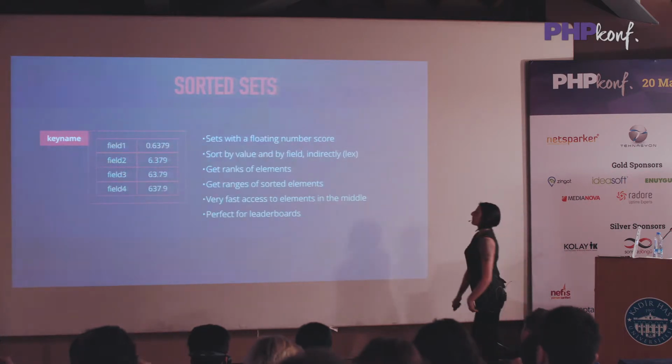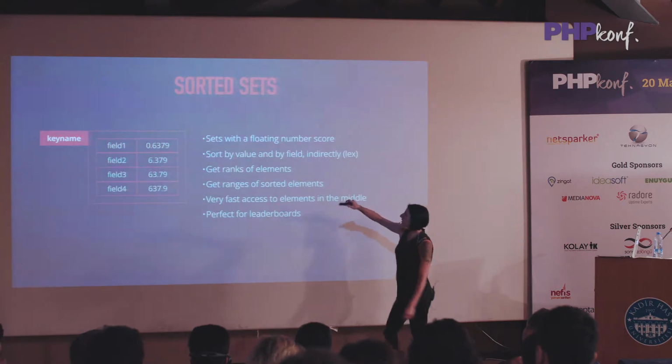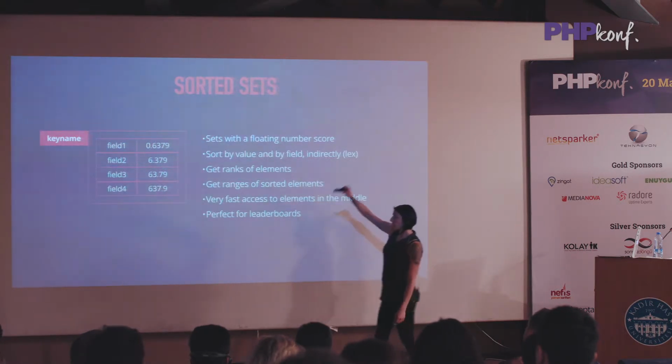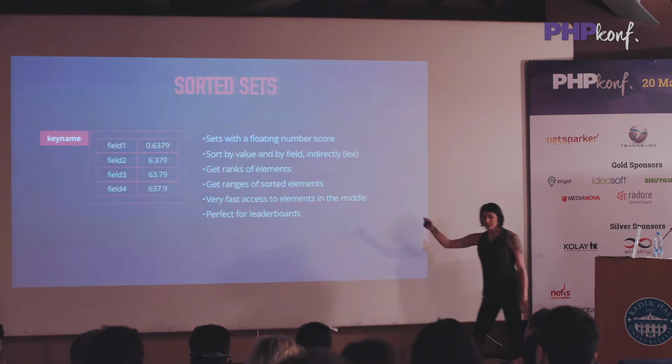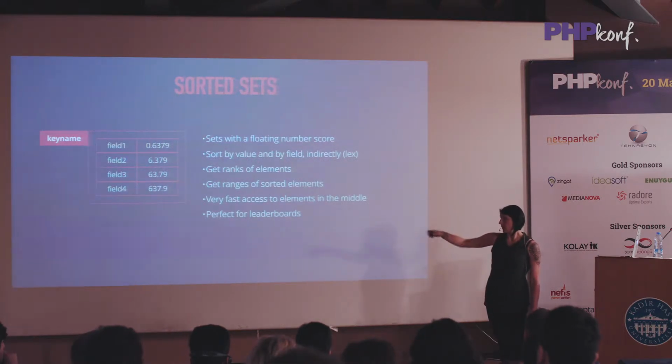Sorted sets are similar to hashes, similar to sets, but now to every field we can attach a decimal value, and we can sort by that decimal value. Indirectly, we can sort even by the key, the field name, so that's like lexical sorting.